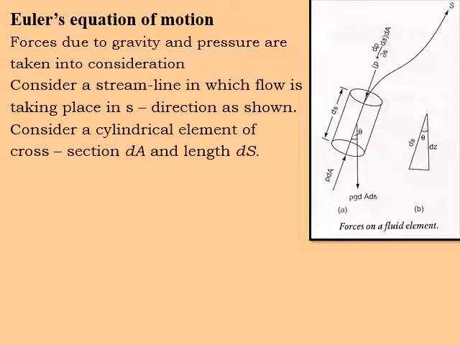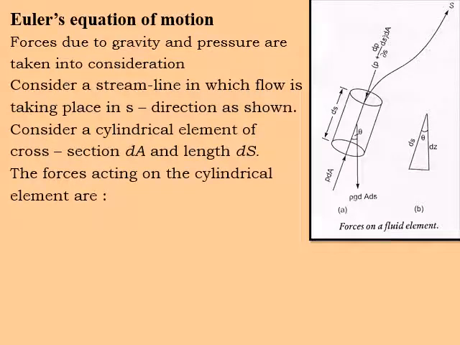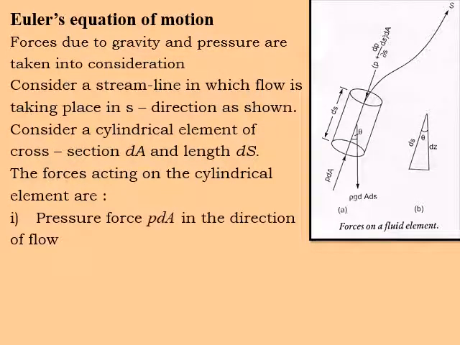Now consider a cylindrical fluid element. The cross section of it is d of a and the length is d of s. The forces acting on the cylindrical element are, first, the pressure force. Pressure is given by the ratio of force by area.